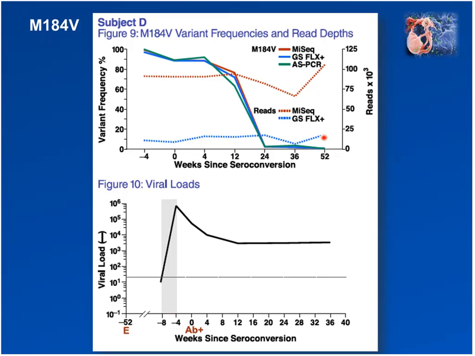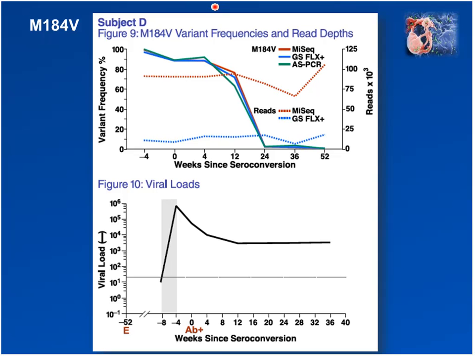The bottom blue dotted line represents the read depths for the GS FLX Plus, while the top dotted line represents the read depths for the MiSeq. And you can see how in this particular experiment, where both systems were sequencing the same 48 amplicons, there is quite a wide difference in read depths owing to the significant difference in read outputs from the 2 platforms.